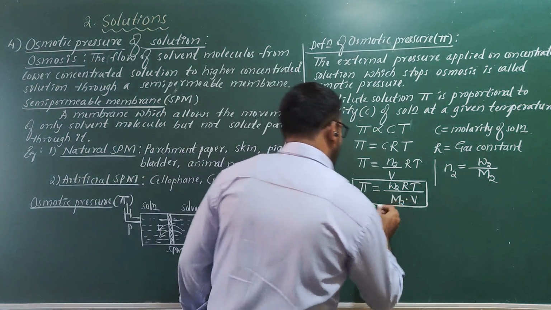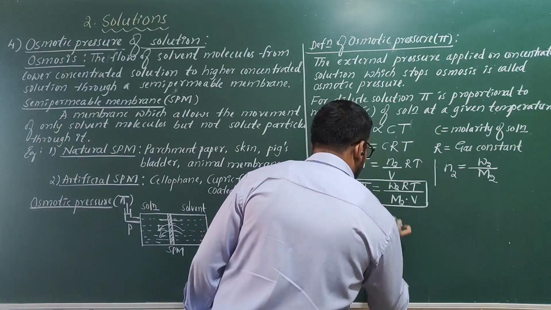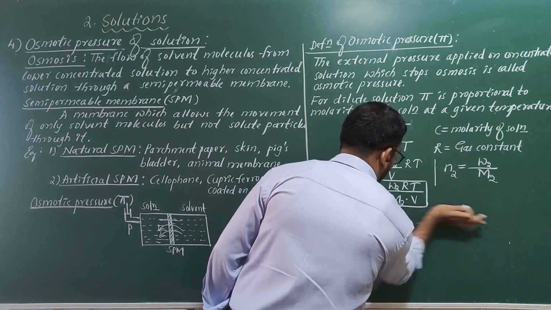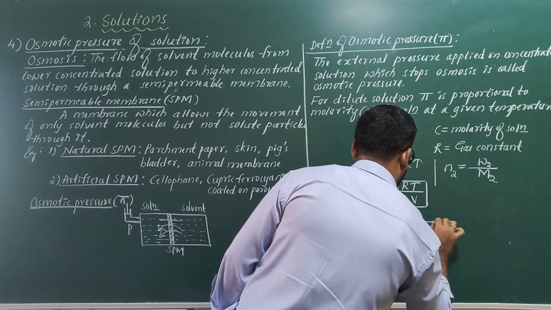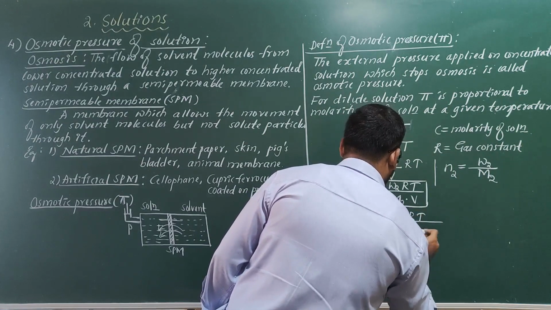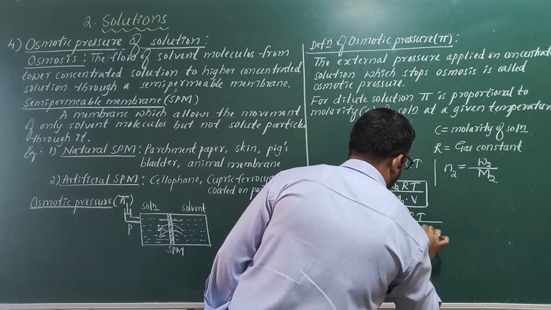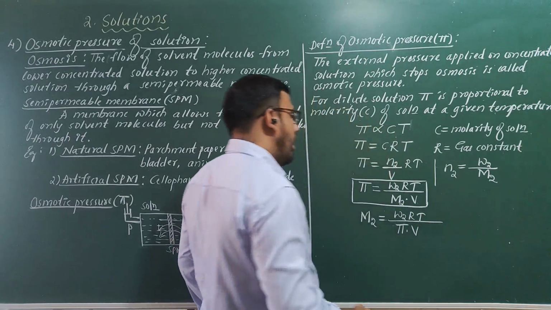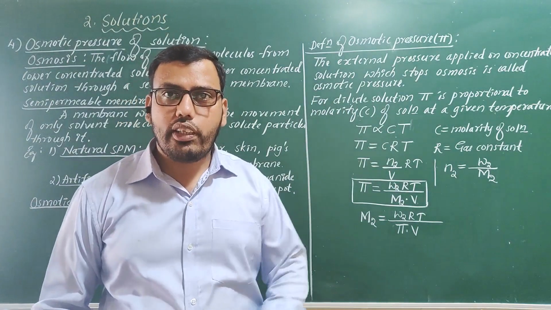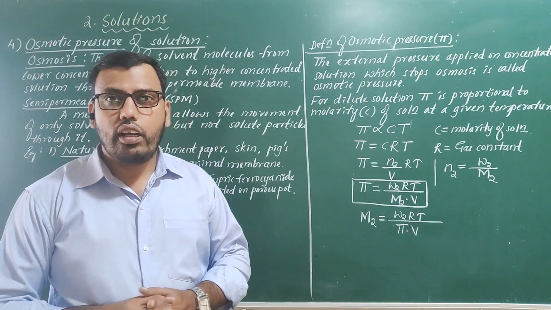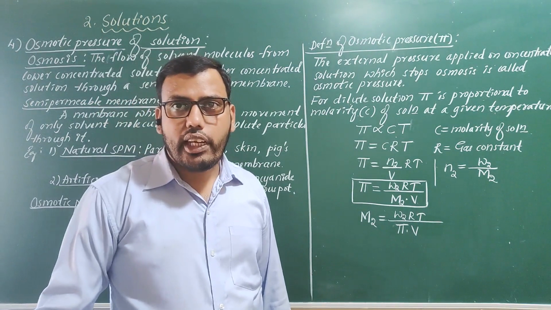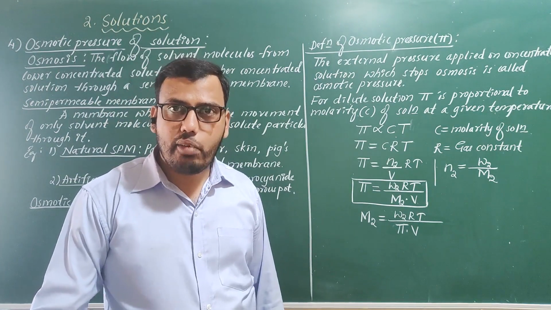So for calculation of the M2 value, this expression becomes M2 is equal to W2 RT divided by pi into V. That can be used to solve important problems on molar mass of solute that can be asked for 3 marks.